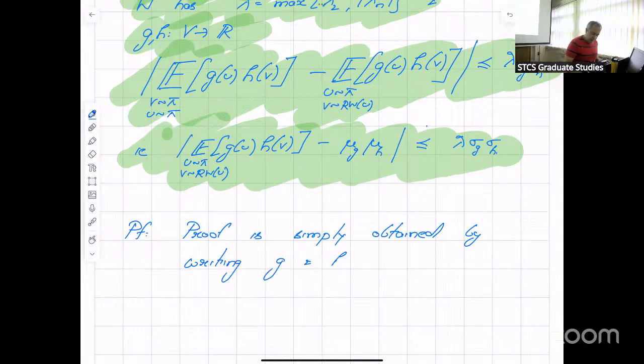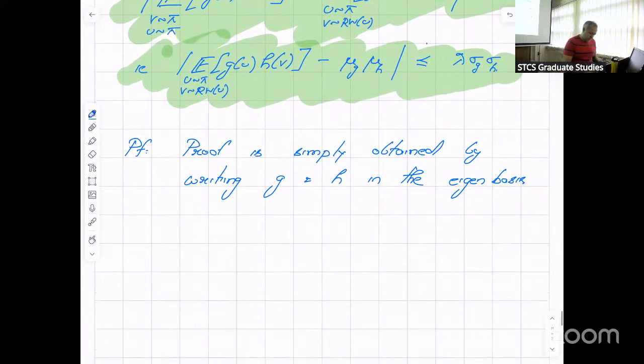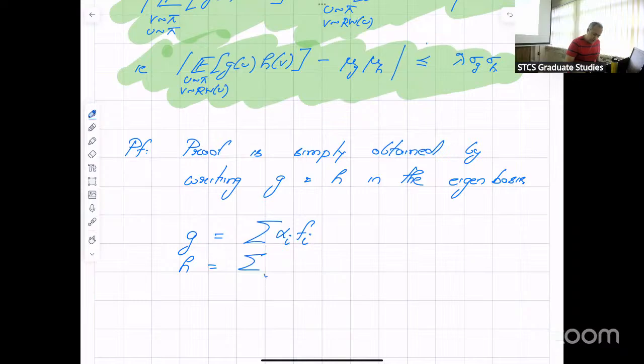Writing g and h in the eigenbasis. The main term is mu g mu h, and the rest is the error term. So I'm writing g in the eigenbasis as summation alpha I fi, and h in the eigenbasis as summation beta I fi. The basis is f1 to fn, with f1 being all ones.